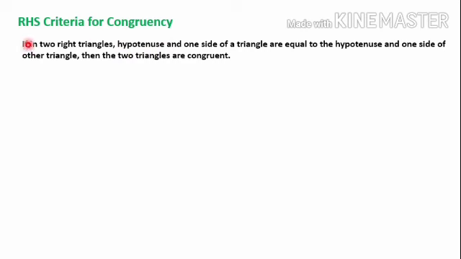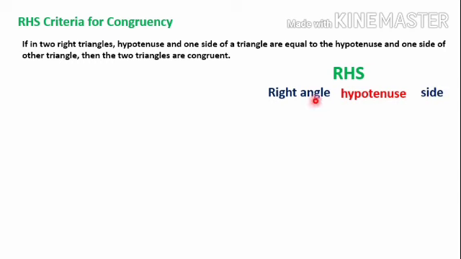Here, if you consider two right triangles, hypotenuse and one side of a right triangle are equal to the hypotenuse and one side of other triangle, then the two triangles are congruent. Here RHS means R stands for right angle, H stands for hypotenuse, and S stands for side.